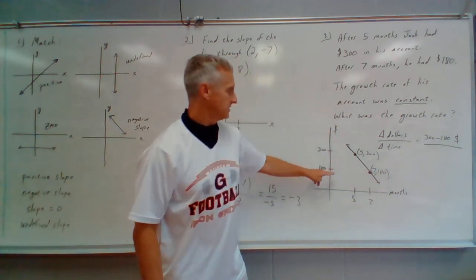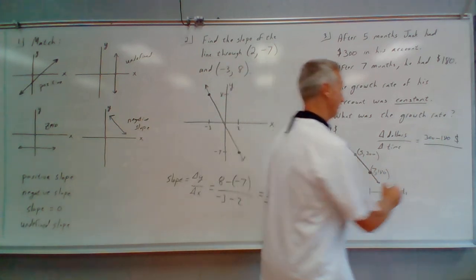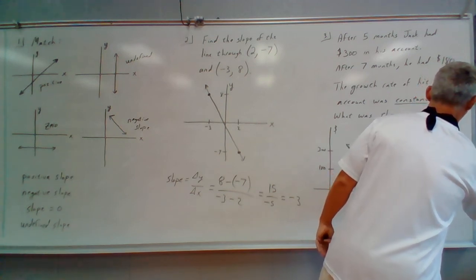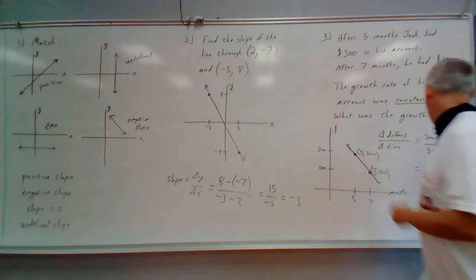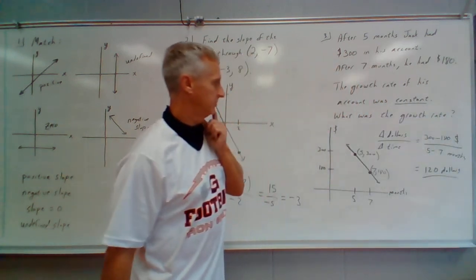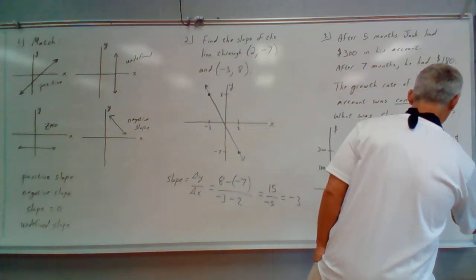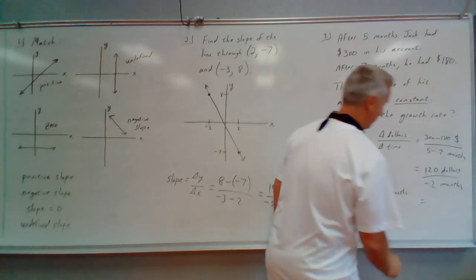So if I did 300 minus 180, I had to do 5 minus 7. And that's months. 300 minus 180 is $120. And 5 minus 7 is negative 2 months.